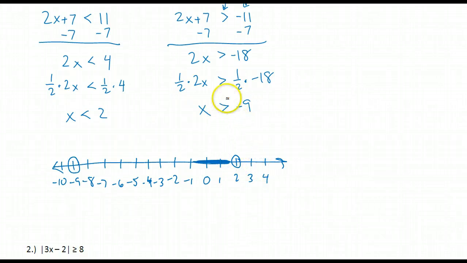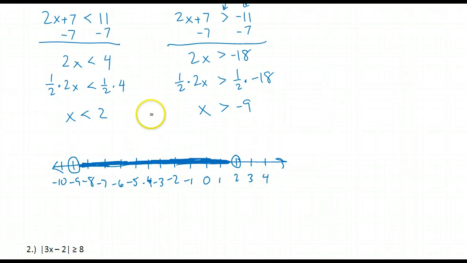And I also want to include all the points for x that are greater than negative 9. So I want to include all the points greater than negative 9. Well, if you look, if I go to the right of negative 9 and I go to the left of 2, I'm going to be shading all of the points between those two dots.